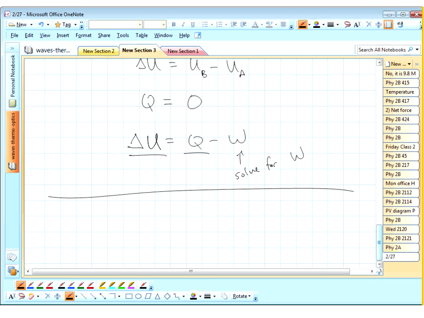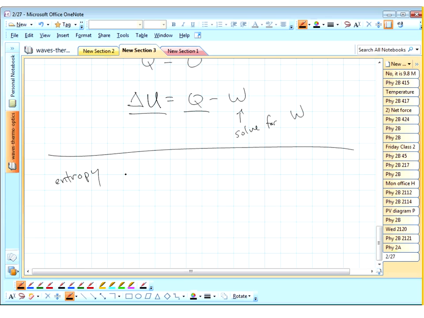Okay, entropy. Let's see. Okay, so oftentimes these problems will have something like a phase change or our formula is this.